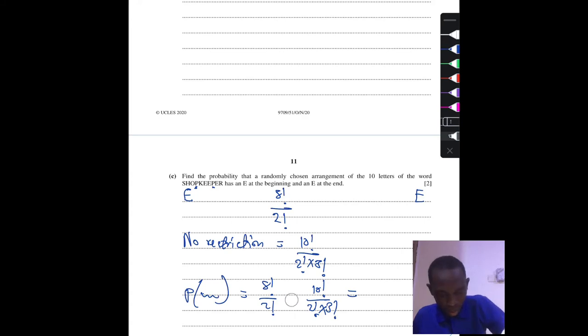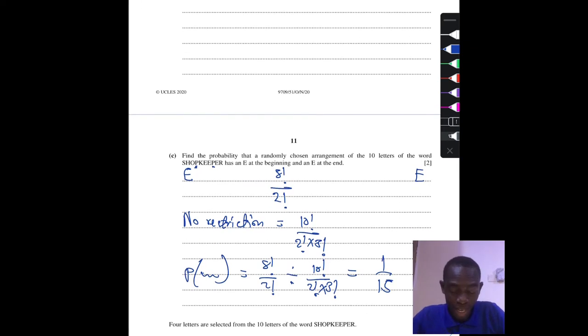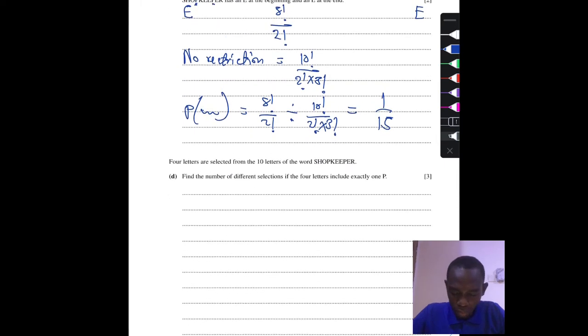It's division, so why will I put times there? Okay, sorry about that. 8 factorial over 2 factorial divided by 10 factorial over 2 factorial times 3 factorial, and that is 1 over 15. You know what happens when you're working a probability and then your answer is more than 1? Advise yourself, you are wrong.